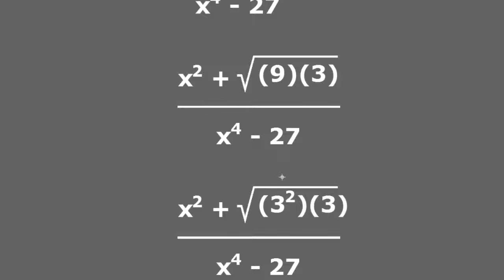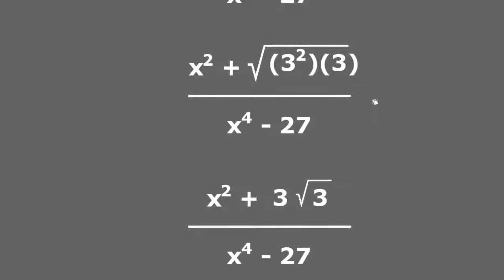Now I have a number with an exponent equal to 2 inside of a square root, and the square root is a root of grade 2. So whenever I have a square root, or a root of grade 2, and I have on the radicand, on the inside, a number or a variable with an exponent 2, I can take that number outside of the radical sign.